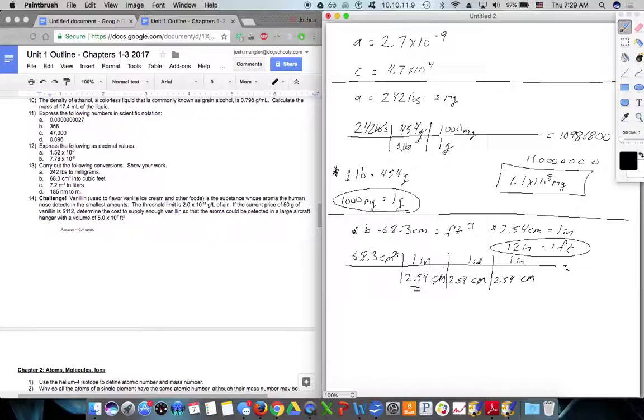All right, so we have that 68.3 divided by 2.54 gets us 4.17 inches. And that's going to be inches cubed. Let me double check that.